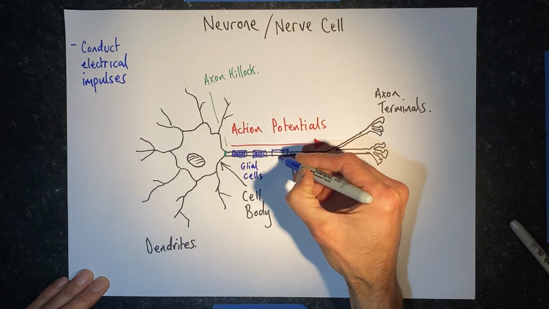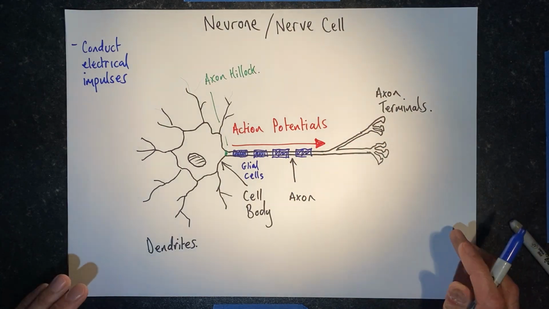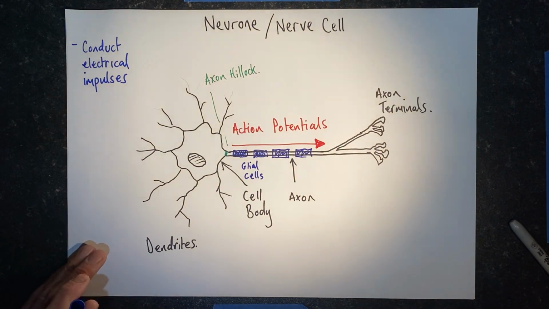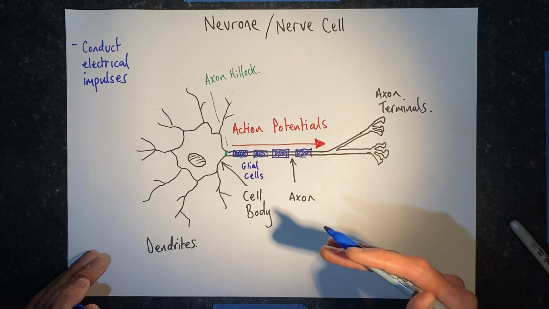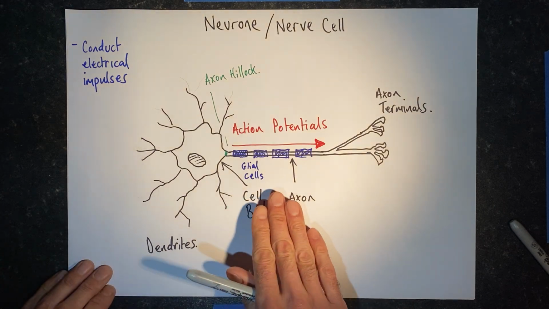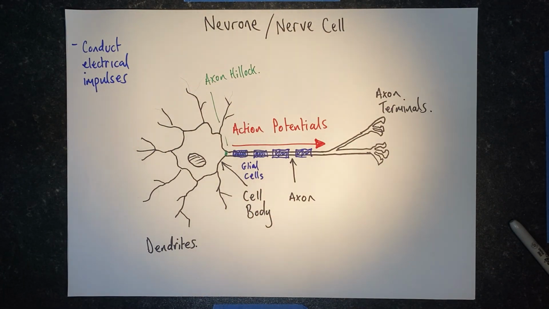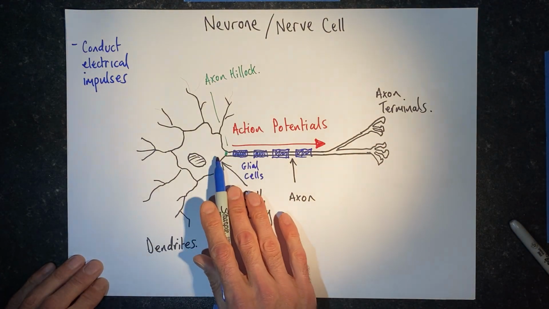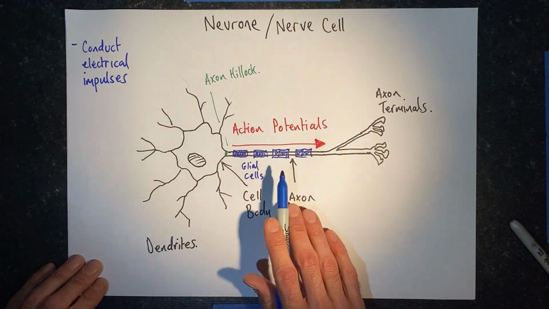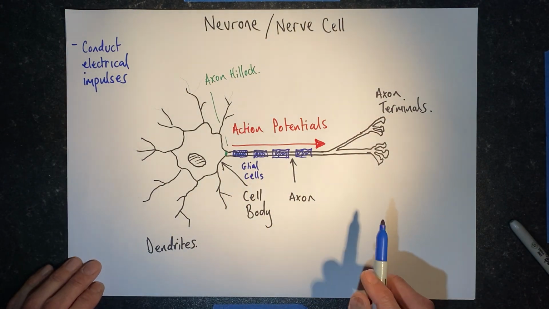Now these are insulating the axon, and this insulation allows for faster conduction of the action potential. Okay, so some neurons will not be insulated by these glial cells, but the ones that are, they are insulated, so the speed is increased of the action potential.